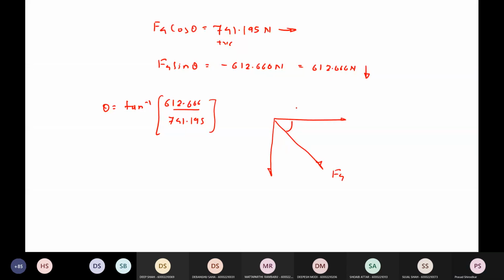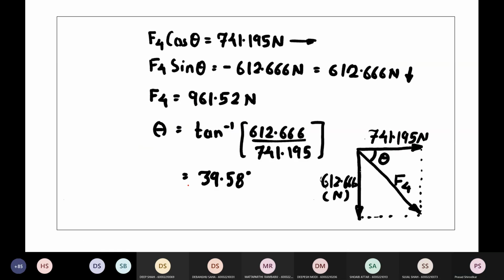This is 741.19, and this is 612.66. Find out theta. 39.576. Correct. 39.58. Correct. Okay. These are the final answers.